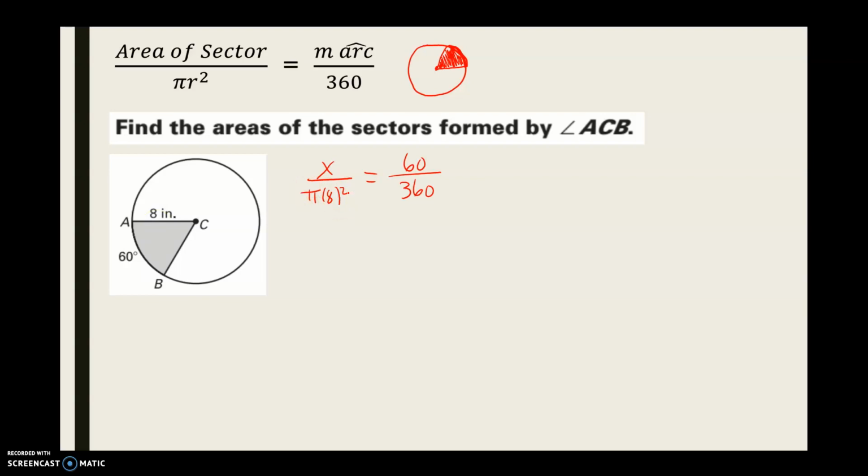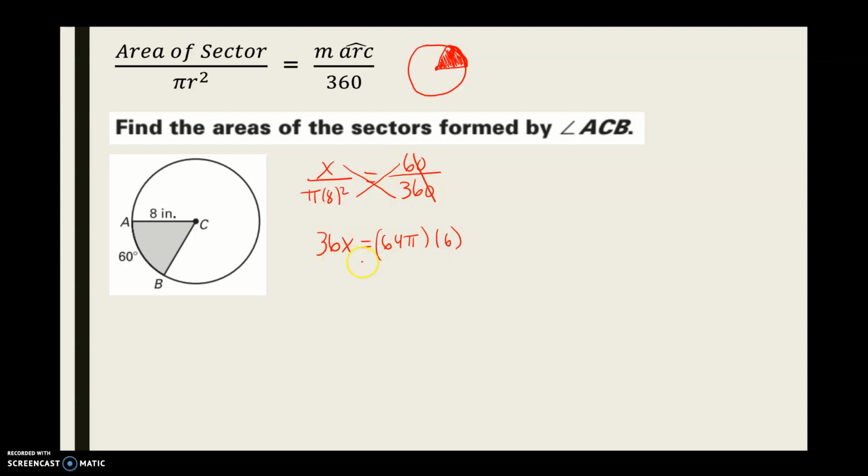I'm going to simplify this. So I'm going to cancel these guys out just to not deal with the zeros. And I'm going to get x times 36, so I'm going to get 36x. And that's going to be equal to, I'm going to multiply 8 times 8 is 64. So this down here is going to be 64 pi, and I'm going to times that by 6 when I cross this way.